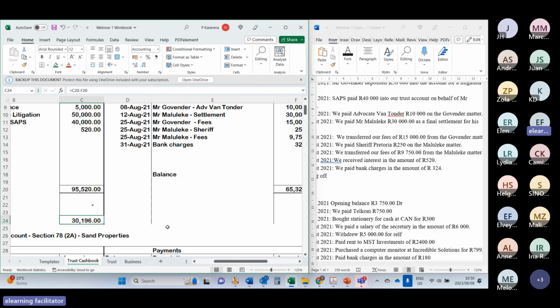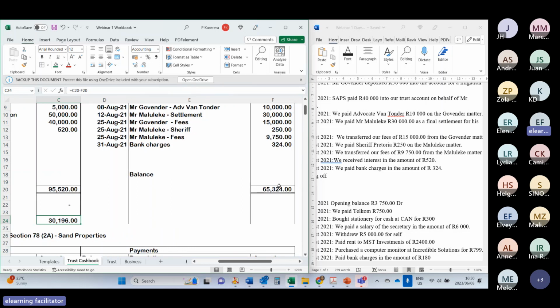And then the difference is 30,196. So when we say balance off, you are making both sides equal, you see? That difference is what you take to the next period. That is going to be your opening balance. We call it a balance carried forward.